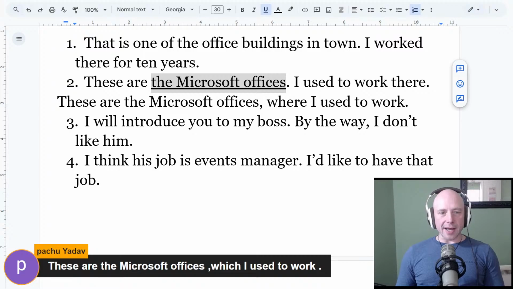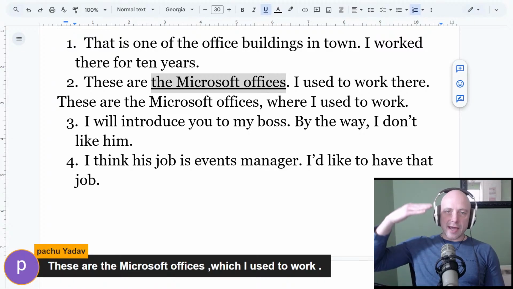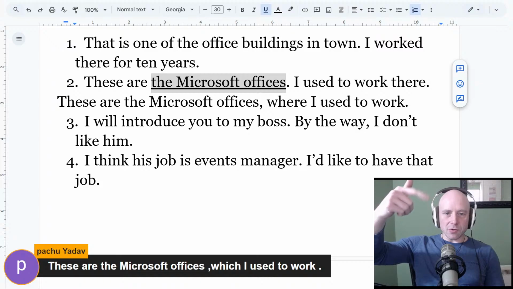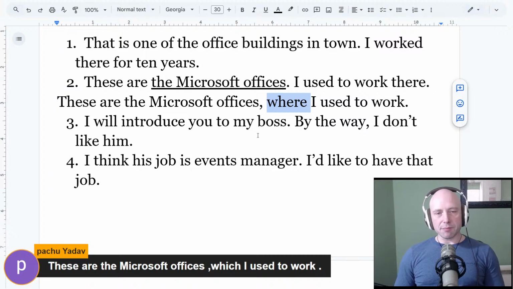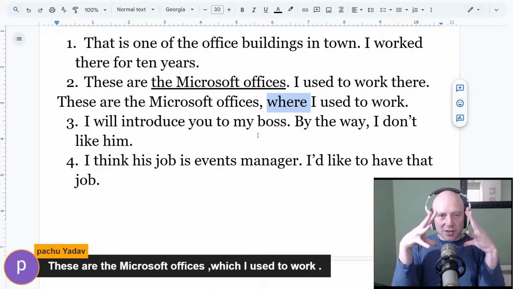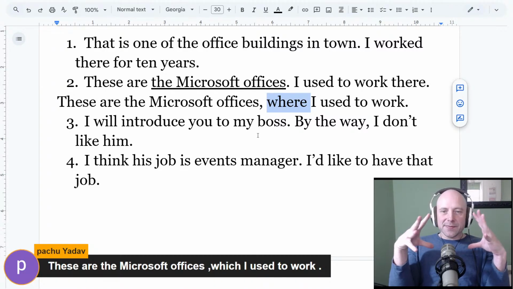Pachu, you can use that, you can say that, but you need to add a preposition at the end. So these are the Microsoft offices, comma, which I used to work, and then at the end you put in or at, and that works. We don't need to do that with the relative pronoun where, because where already has the preposition built in.